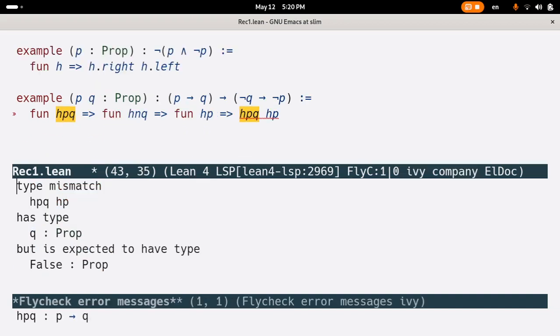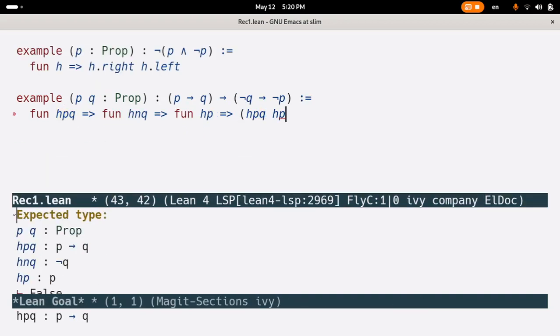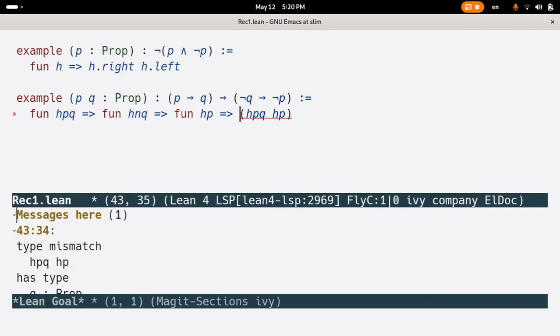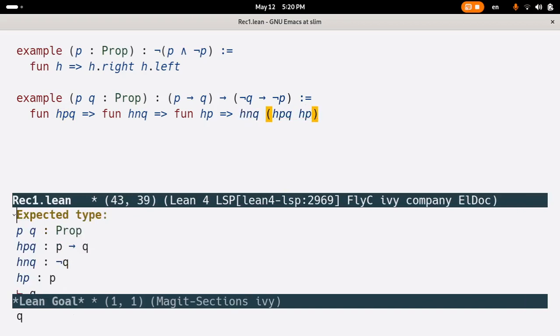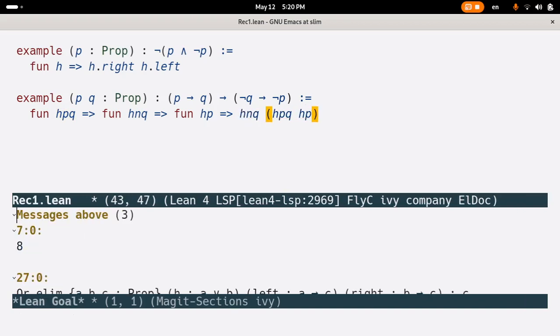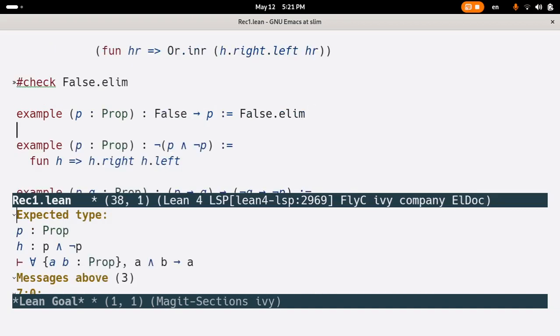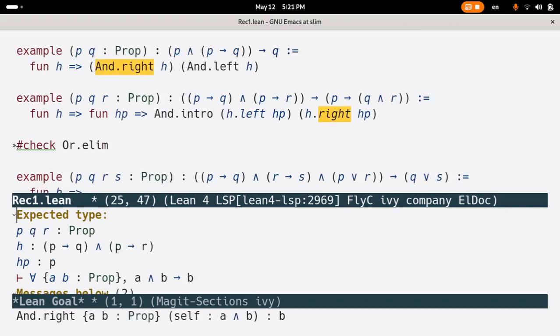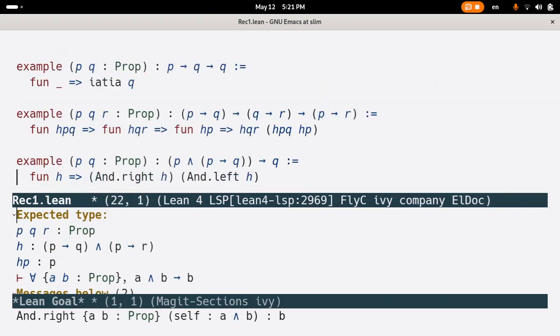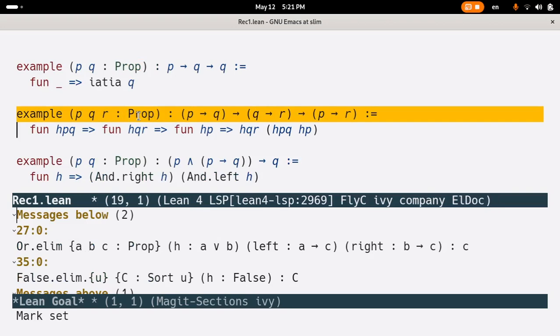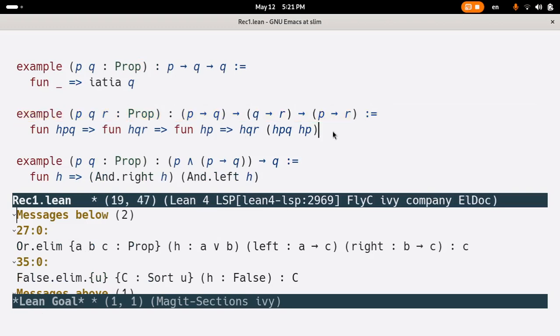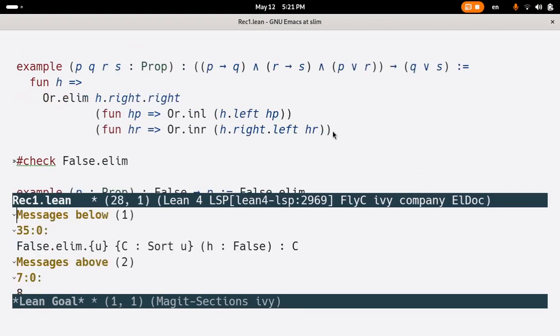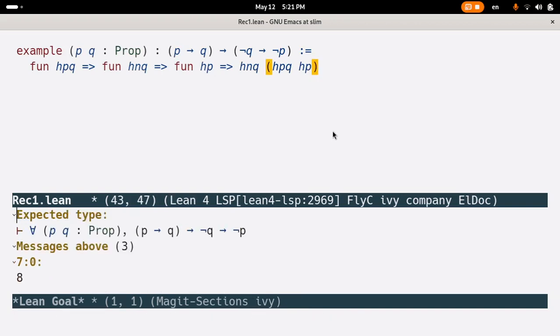This will give us a proof of Q, and I can apply HNQ to this value to get false, which is what we needed. Observe that this proof is exactly the same as the proof of this particular example. So both these theorems have exactly the same proof.